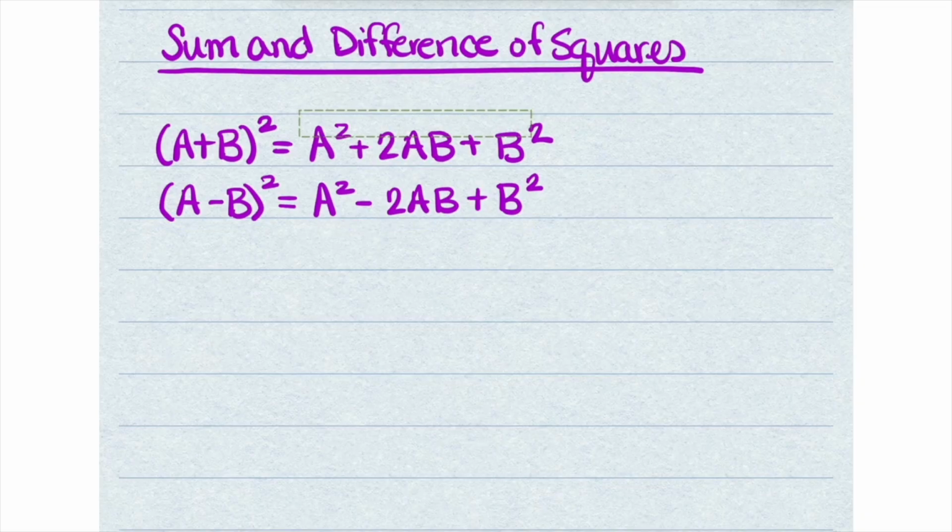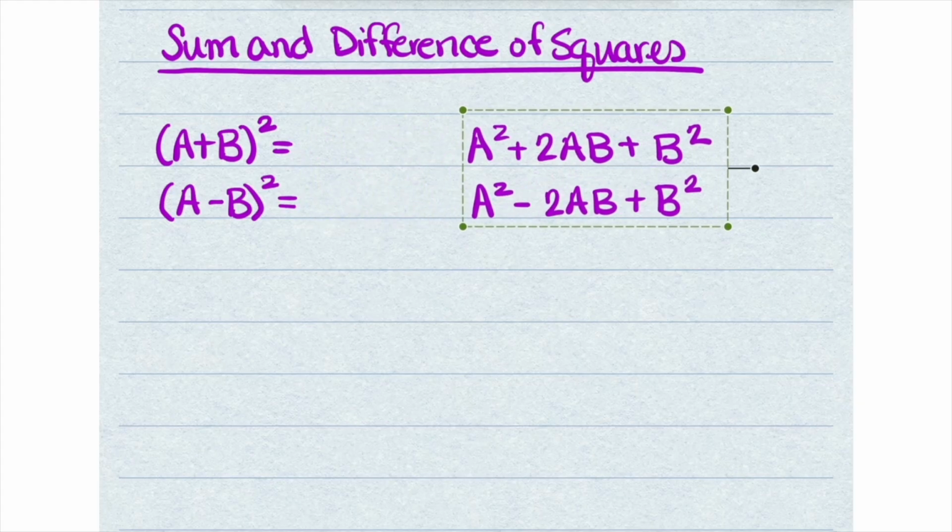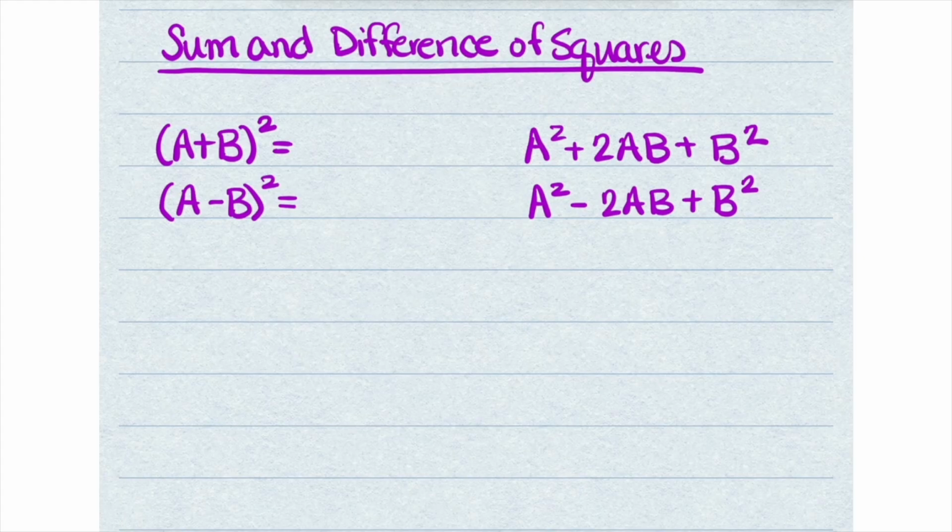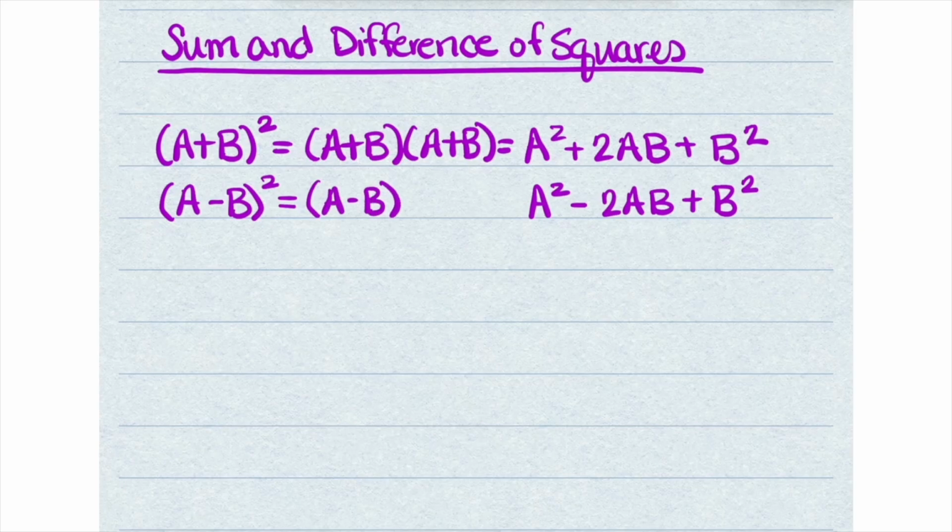Now, no confusion here. This means a plus b times a plus b. It's duplicated because of the squared. And then this one is a minus b times a minus b because of the squared, okay?